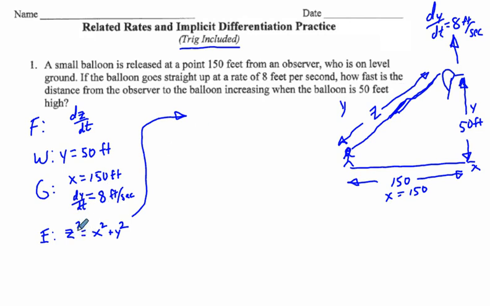We're going to take this equation and implicitly differentiate both sides. So the derivative of z squared is going to be 2z dz dt, equals the right side of the equation, which is going to be 2x dx dt plus 2y dy dt.